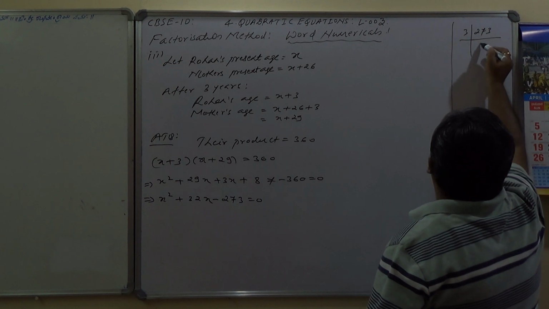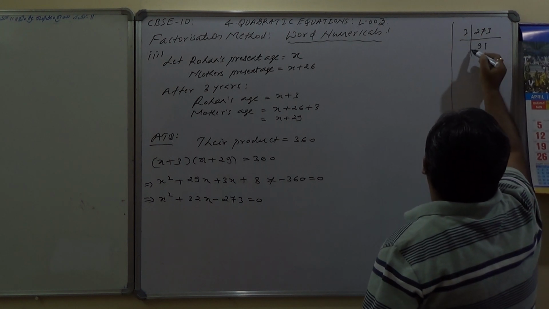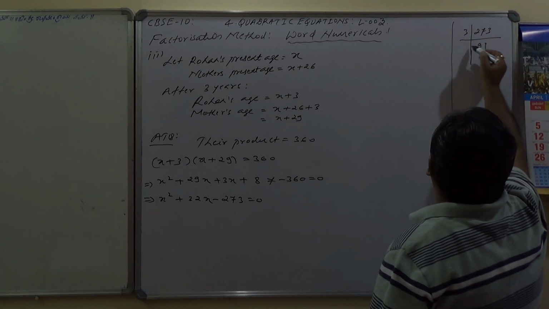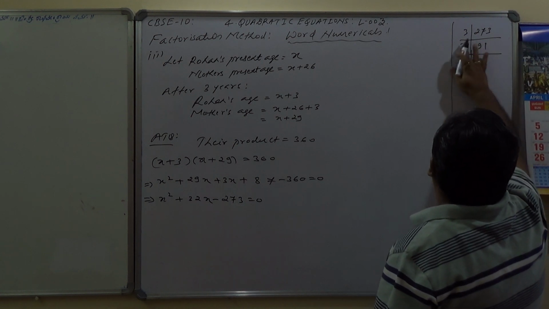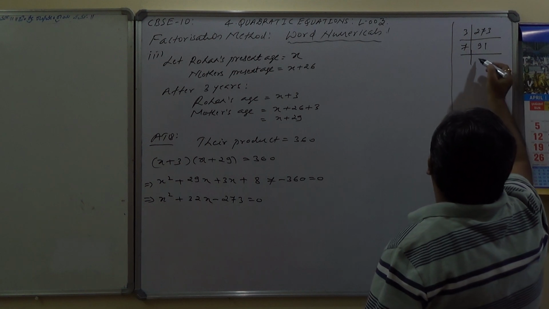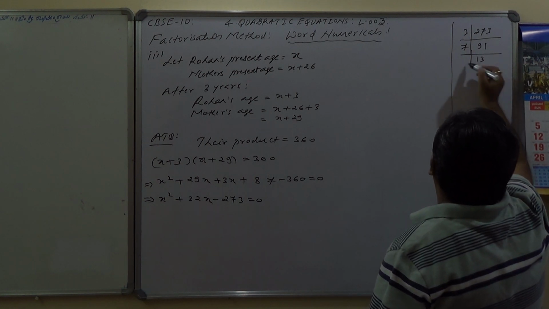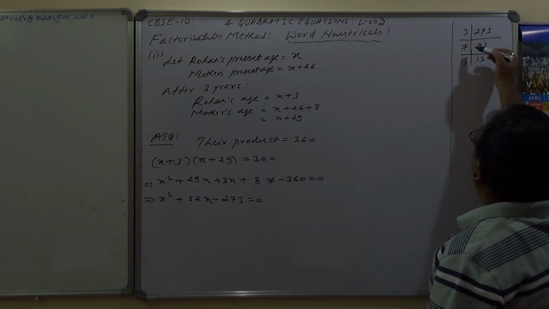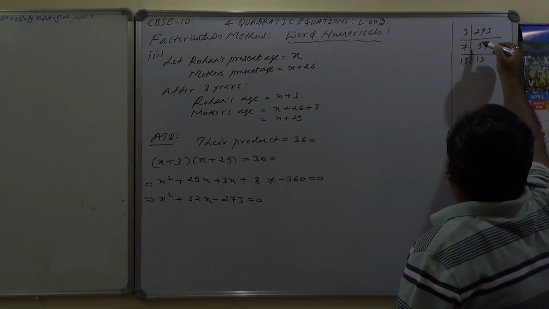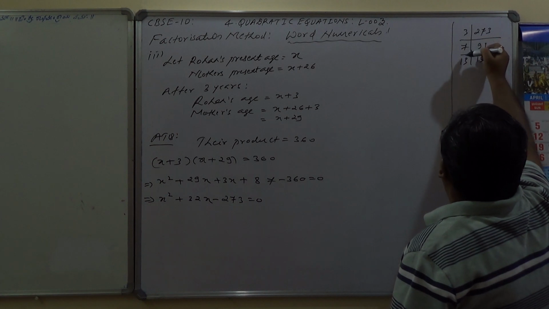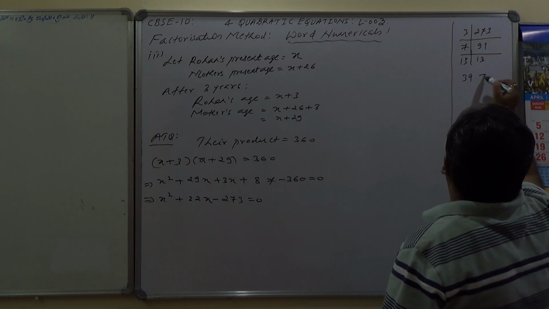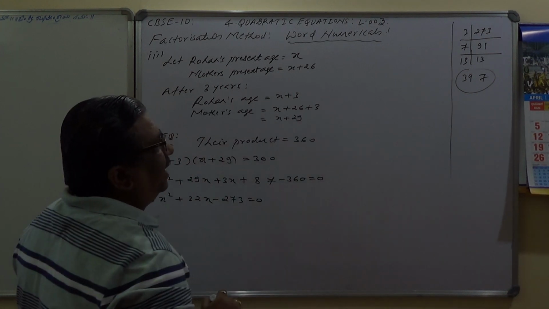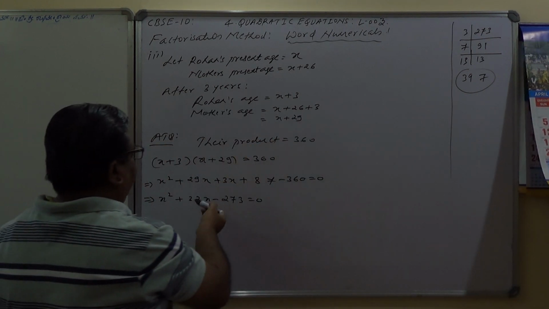So 3, and now 7 I take. 7 ones are 7, 7 threes are 21, 273 is 3 times 7 times 13, so the factors are 39 and 7. Is it possible to get this? Yes, 39 and 7 are possible. 39 minus 7 equals 32 here.